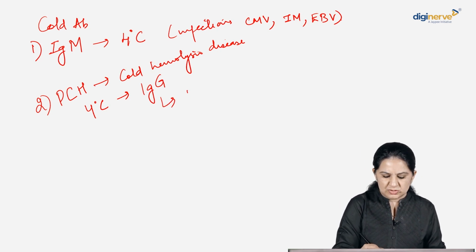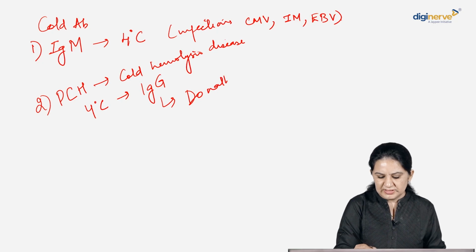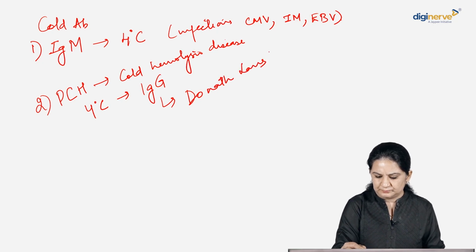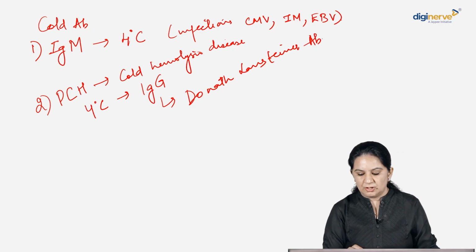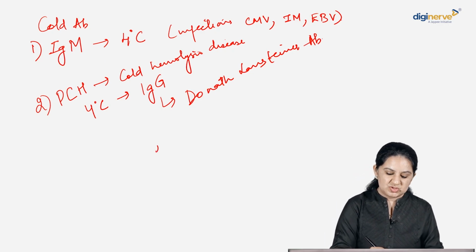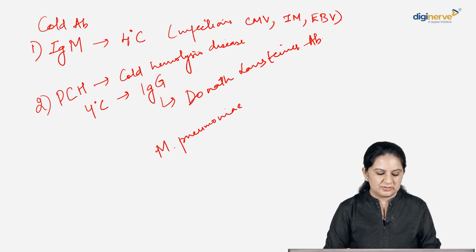This antibody is also known as Donath-Landsteiner antibody. It's uncommon, usually seen in infections with Mycoplasma pneumoniae. So you can be asked as a question, which autoimmune hemolytic anemia is associated with Mycoplasma infection?